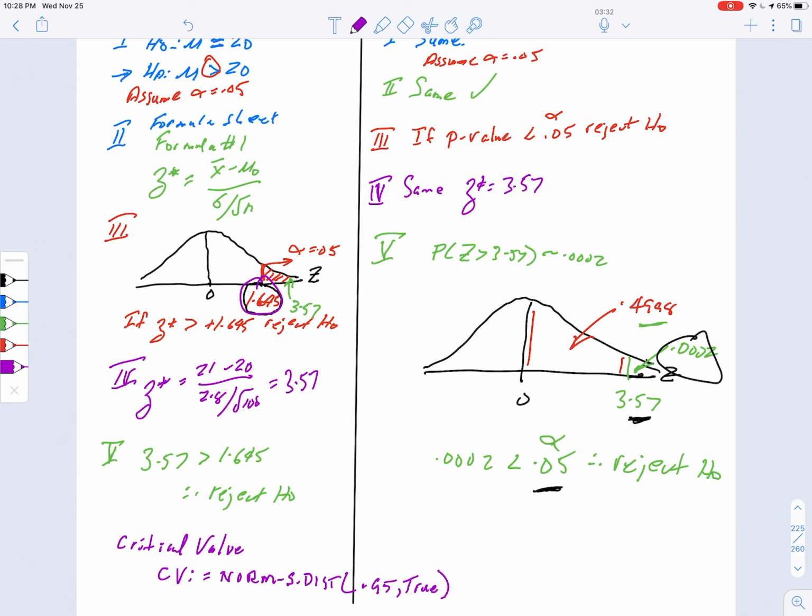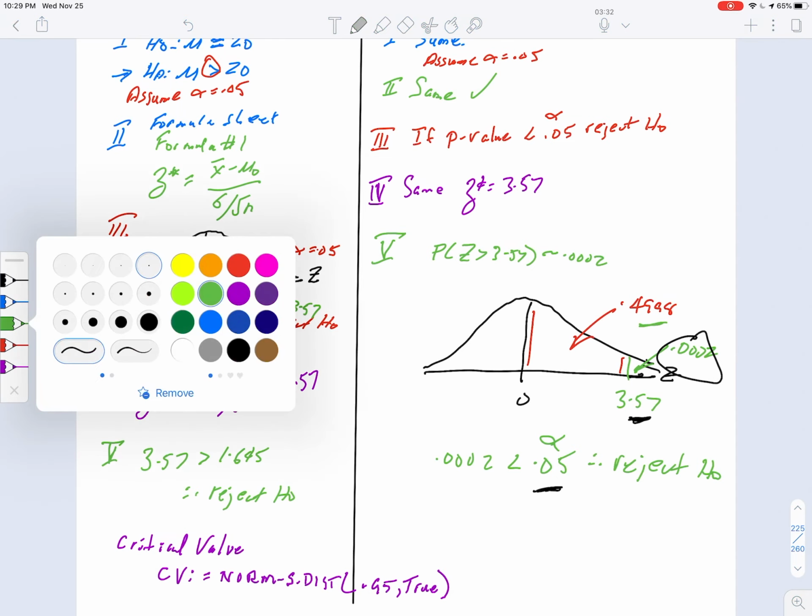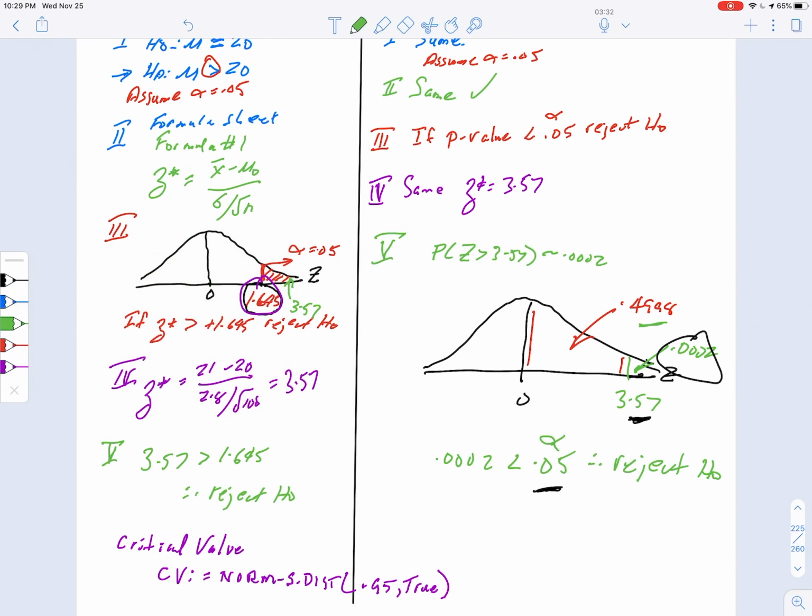And then I think you have to put in true. So that's what it looks like. Over here, sorry, made a mistake there. It's not a dist function, it's an inverse function. Like so. And I think you just put in 0.95.